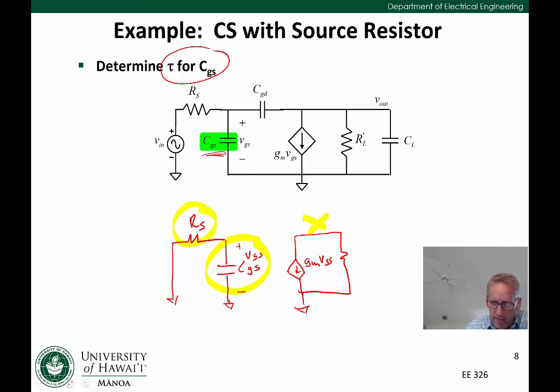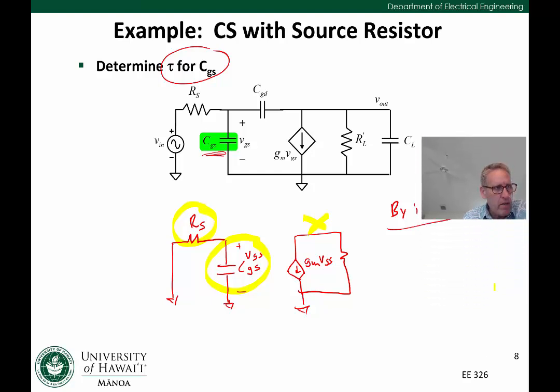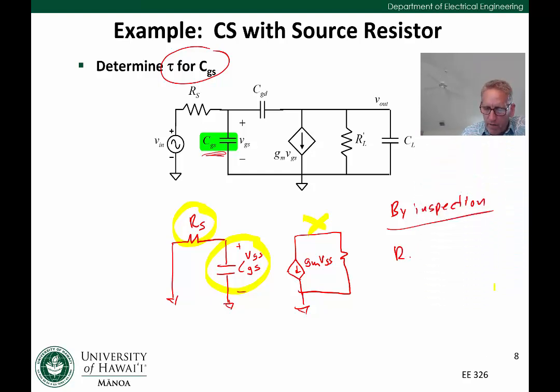So by inspection, R for CGS is equal to RS, and therefore tau 2 is just equal to R for CGS times CGS.